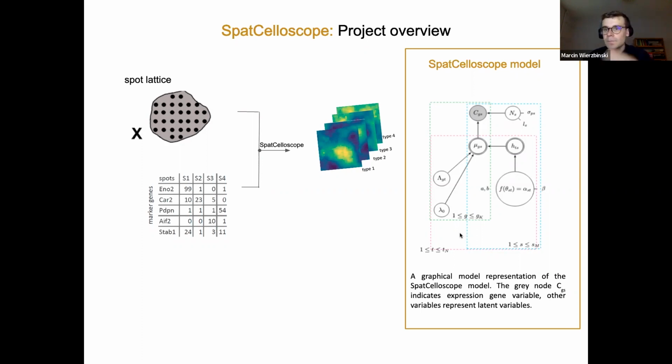Okay, and here is a graphical representation of the Celloscope model. The green nodes, the Cgs, represent, as previously, the gene expression level, and the other variables represent hidden or latent variables.